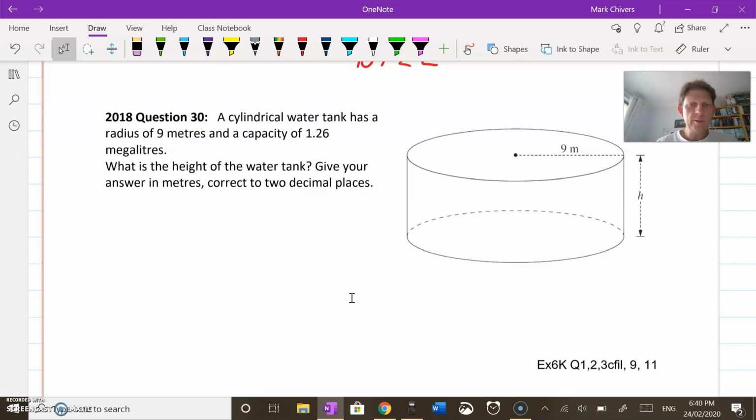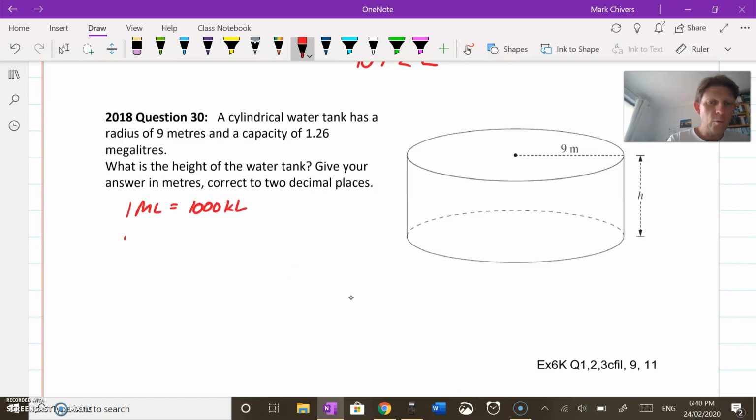So here we've got a cylindrical water tank with a radius of 9 metres and capacity of 1.26 megalitres. And we want to know what the height of the water tank is. The first thing I'm going to do is think, well, there's not really a conversion for megalitres, but I do know that 1 megalitre equals 1,000 kilolitres.